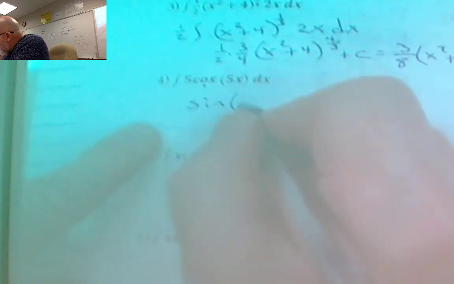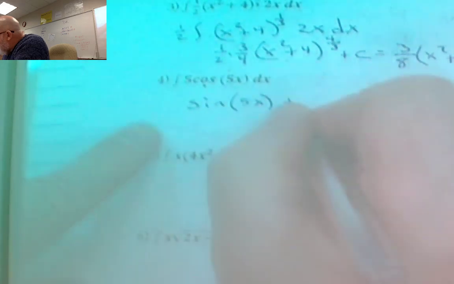Tangent? Cot? What is it? Is it cosine? Sine. Is the derivative of sine cosine? Yes. Of 5x plus c.